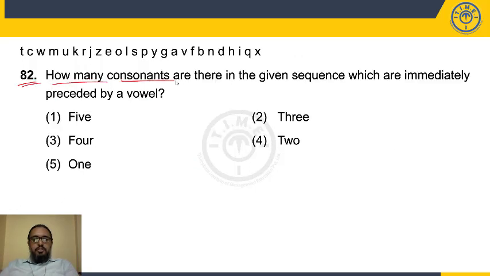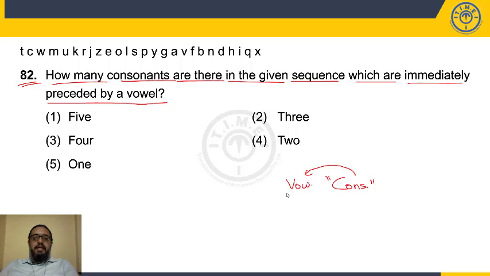82. How many consonants are there in the given sequence which are immediately preceded by a vowel? So you only have to look at consonants which are immediately preceded by a vowel. Preceded means before. Succeeded means after. So only consonants I will concentrate on, but you need to have a vowel. So I'll start by looking for vowels. That is easy.